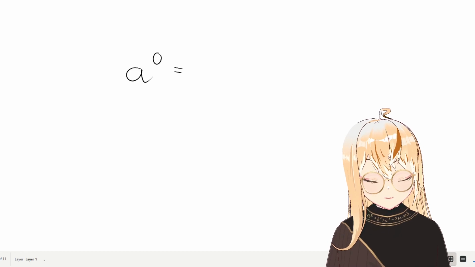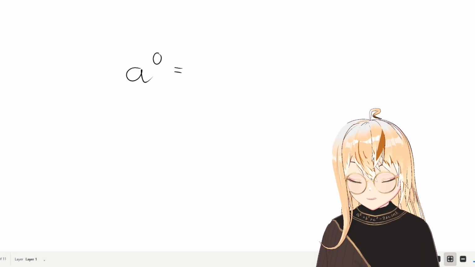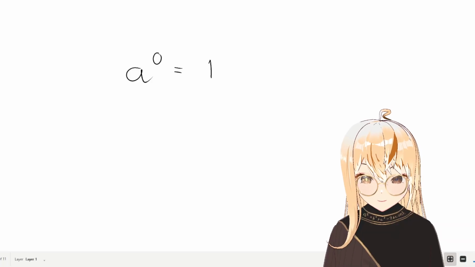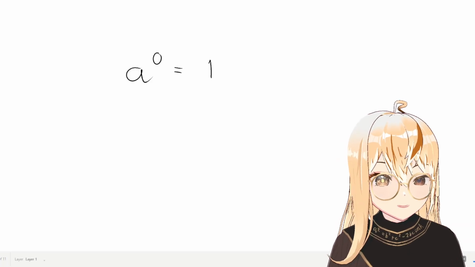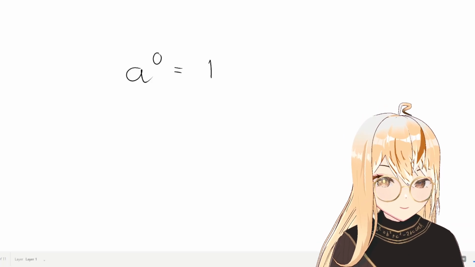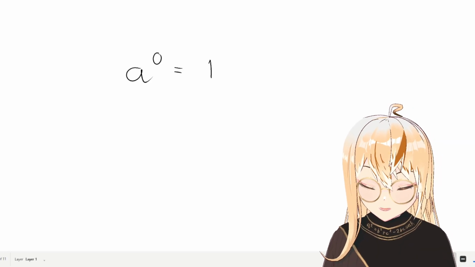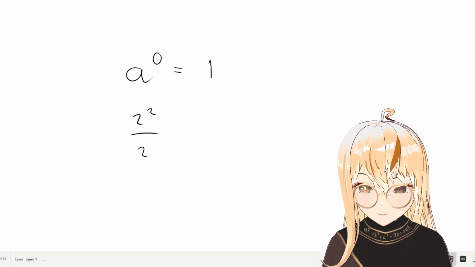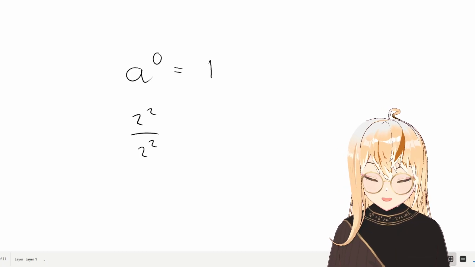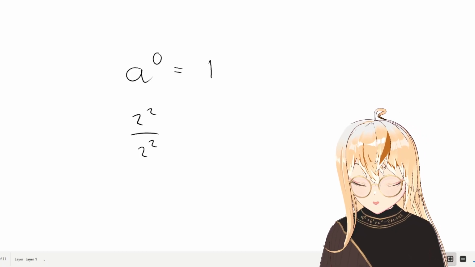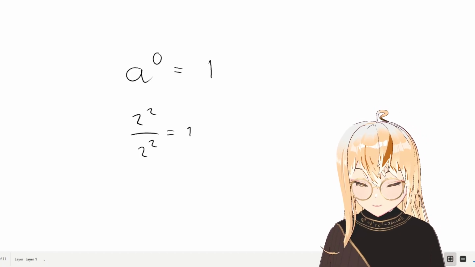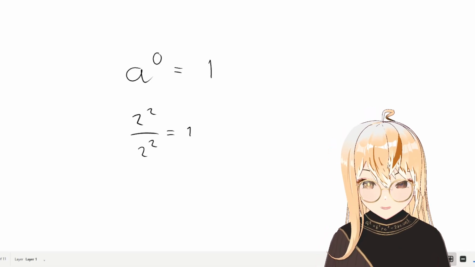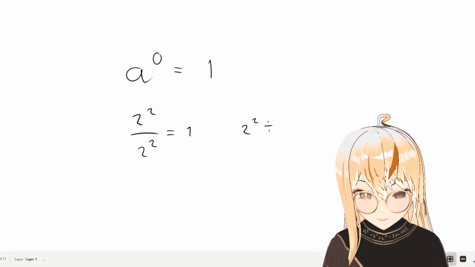And then an interesting one, anything to the power of 0 is equal to 1. That's a little bit confusing, isn't it? Well, if I provided an example, maybe it would be a little less confusing. Let's say we had 2 to the 2 over 2 to the 2. Well, anything divided by itself gives 1, right? The thing is that we can write 2 to the 2 over 2 to the 2 as this.